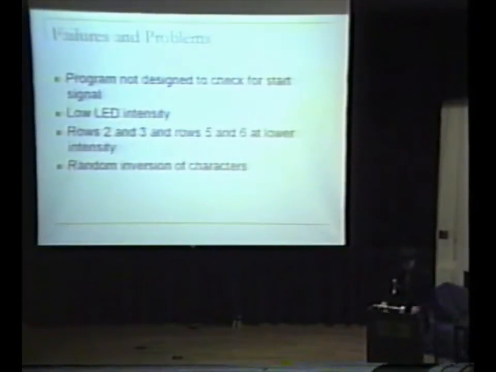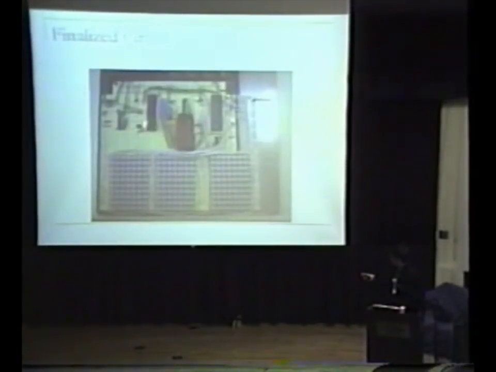Failures and problems. I was not able to design the part of the program that needed to check for the start signal. I also didn't have enough time to get into the control of the LED intensity. So as a couple images before showed, those are lit, but you can't see them because of ambient light.